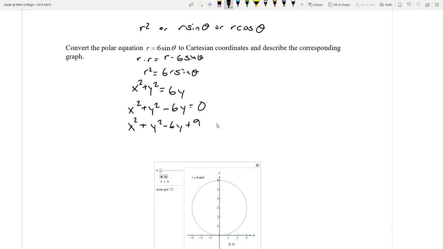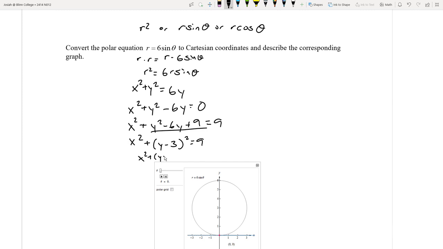So we'll add 9 to both sides, and we'll factor this guy, y minus 3 squared. All right, so what that gives us then is a circle, radius 3.